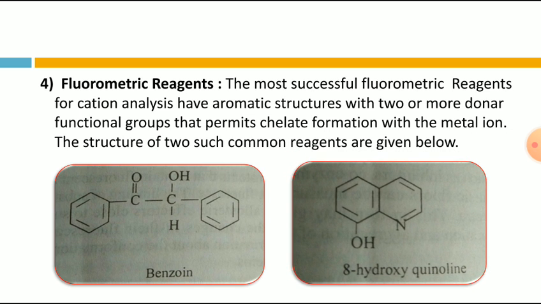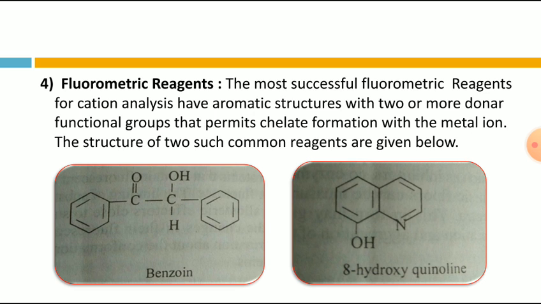This 8-hydroxyquinoline is also aromatic in nature, so the OH group and N will form a chelate with different metal ions, and it will emit characteristic fluorescent light. That we can easily identify with the help of a single beam as well as a double beam fluorimeter.